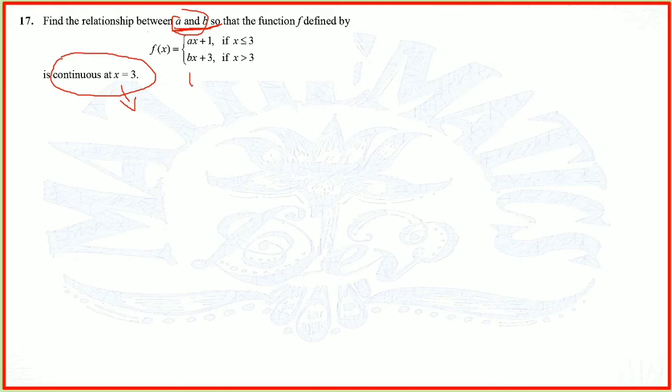That means the left hand limit equals the right hand limit, which is also equal to f of the point where continuity is asked, f of 3, or that can also be taken as the limit as x tends to 3 of f of x.